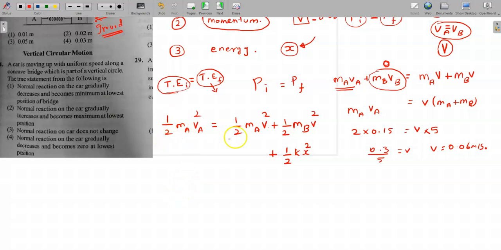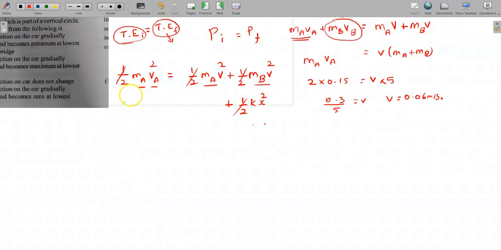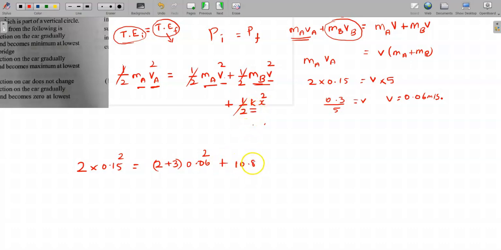Now you can cancel all the halves and put in all the values. MA VA square: MA is 2, VA square is 0.15 square, and MA again 2 and MB 3, V square you can take common, V square is 0.06 square, plus the k value 10.8 x square.